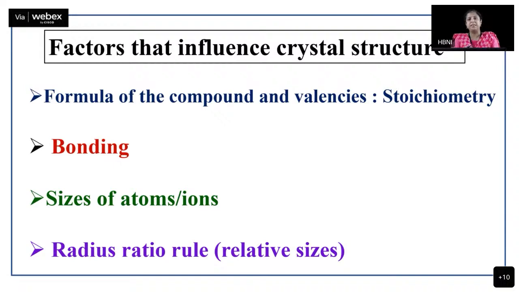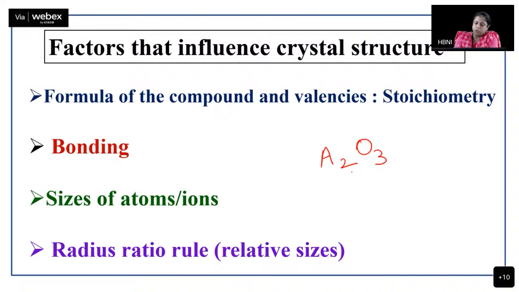Then the size of atoms and ions. Let's say I have a compound of particular composition A2O3. Even though this will not fall into the scope of this particular course, I'm just giving you an example.